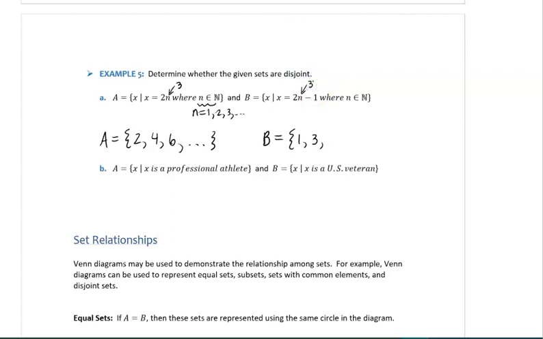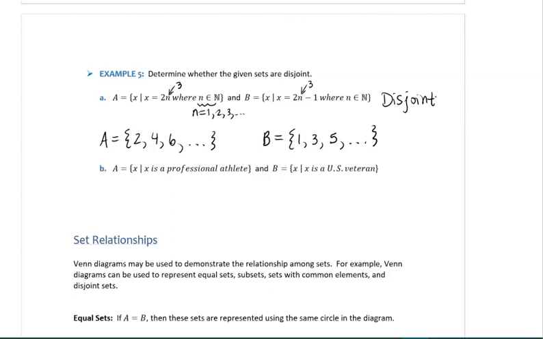The next natural number to fill in would be 3, which would give 2 times 3 minus 1, which is 5, and so on. This is an infinite set representing the odd values. These are disjoint. One set represents even natural numbers and the other set represents odd natural numbers. These do not have an element in common.